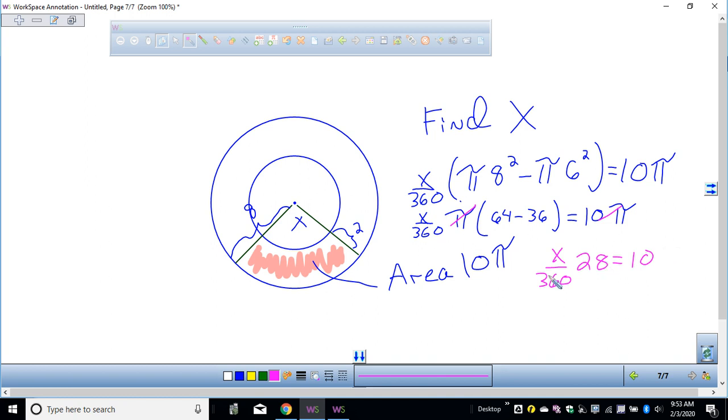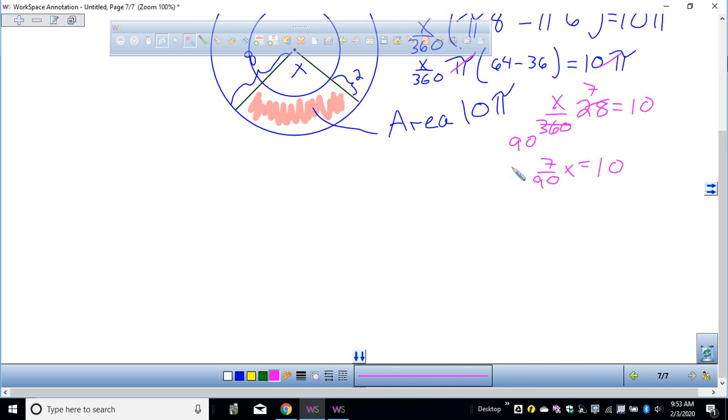So, let's see. Does this reduce? 4 goes in here 7 times. 4 goes in here 90 times. So you get 7 over 90 X equals 10. How did I get rid of the 7 over 90? Multiply by 90 over 7. Oh, this isn't going to come out nice, is it?